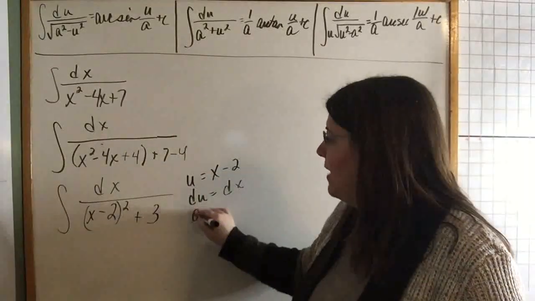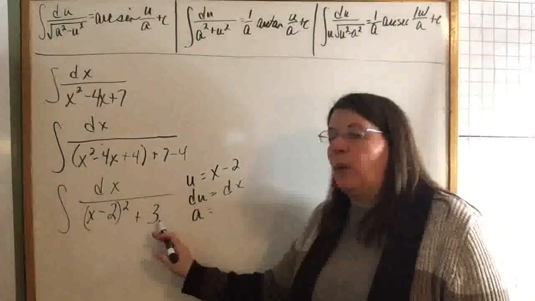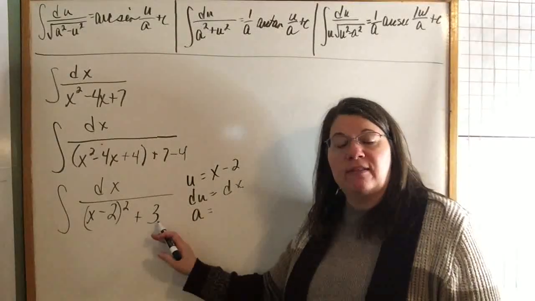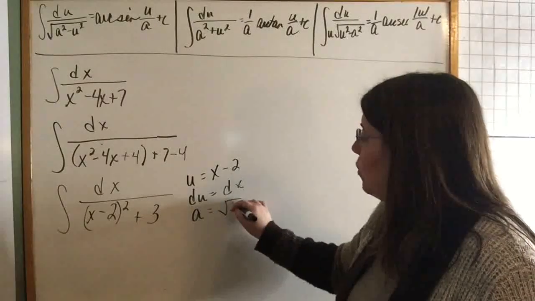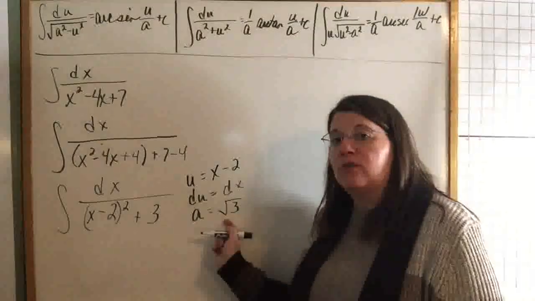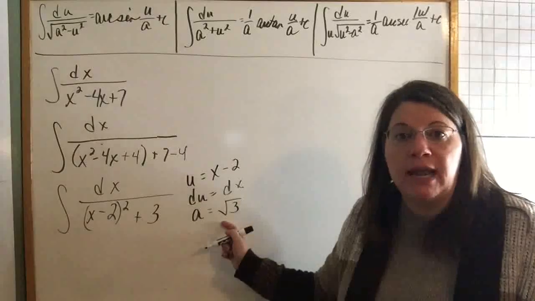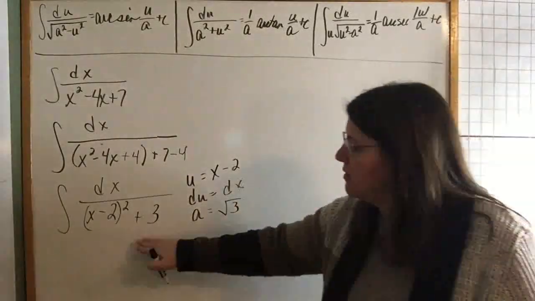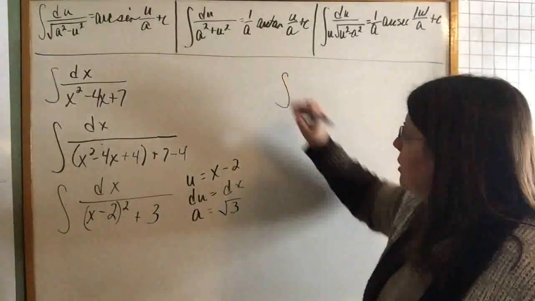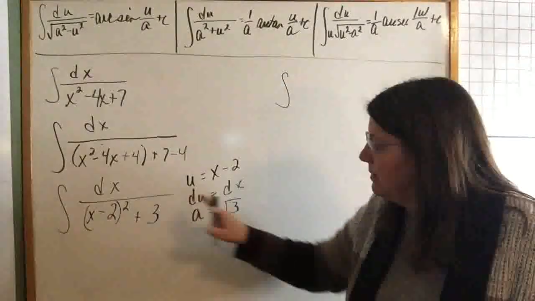And then my a value, well, this isn't squared, but we could say that it's the square root of 3 squared. So I'm going to let a be the square root of 3. Even though it's underneath a square root, it's still a constant, and we know that the a value has to be a constant.